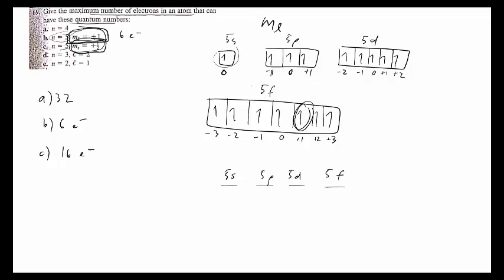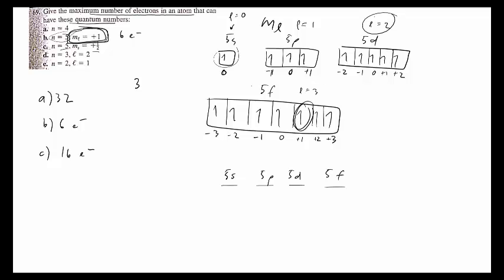Okay, where n is 3 and L is 2. So the L of 2 means a 3d. So s is assigned to L of 0, p is assigned to L of 1, d is L of 2, and f is L of 3.